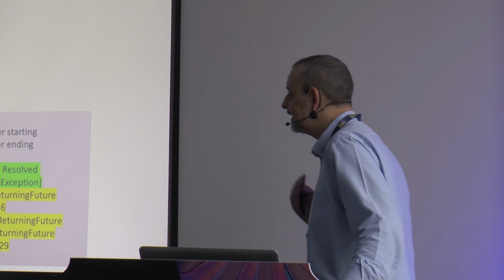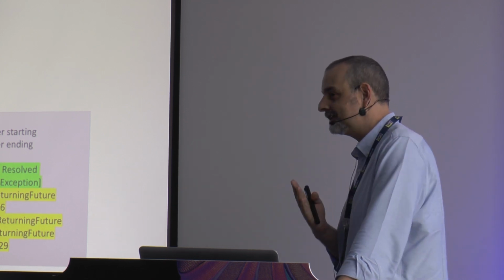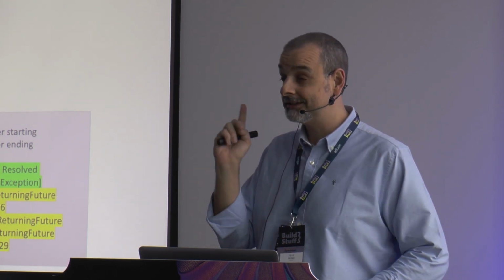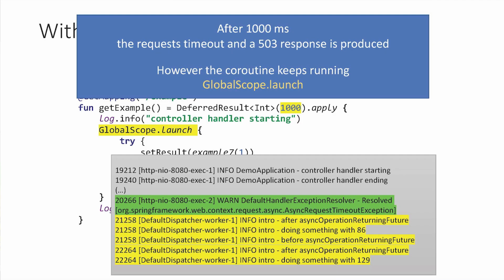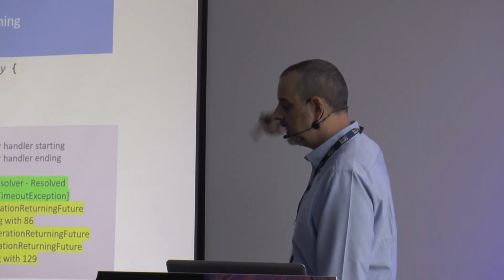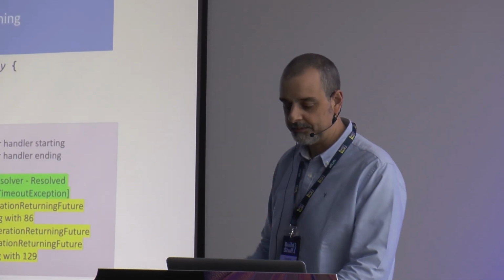And the way that cancellation is defined in Kotlin is very interesting. Namely, it doesn't suffer from the issue that Jeffrey stated yesterday. So after 1 second, the request times out, a 503 response is automatically produced, but the coroutine still keeps spinning.